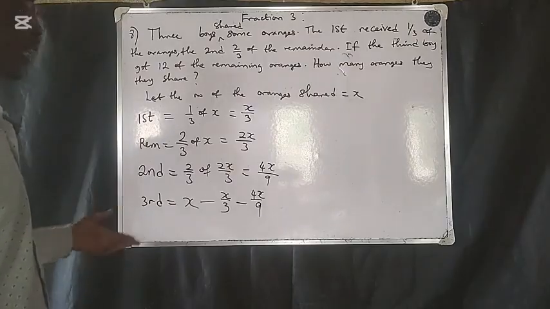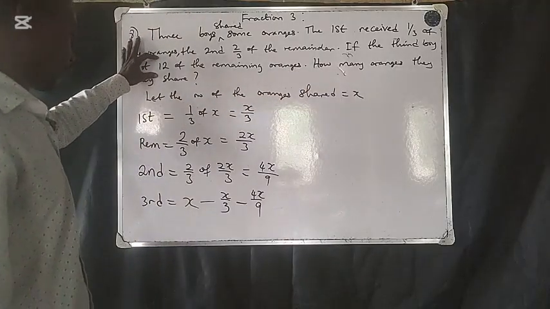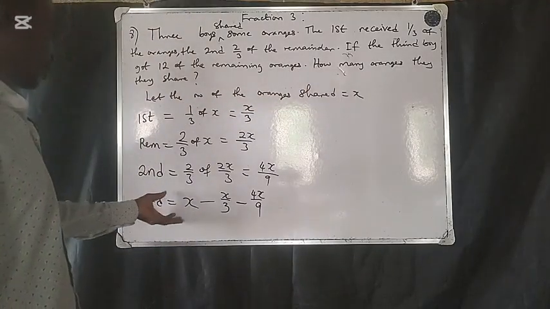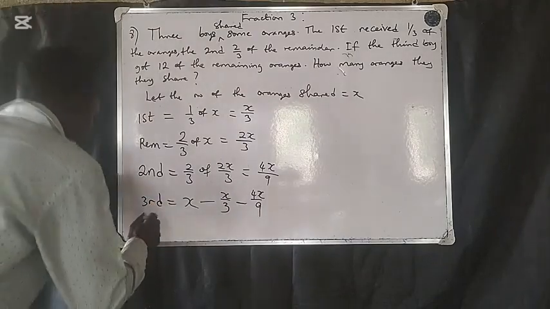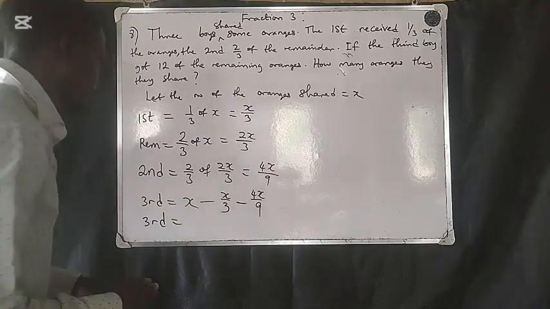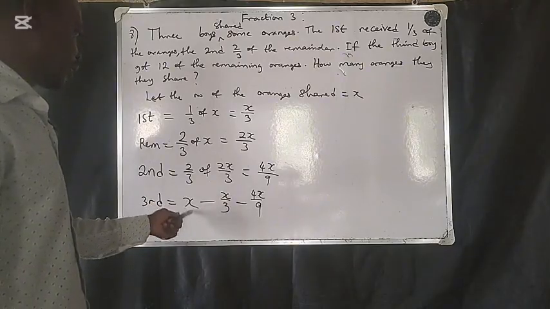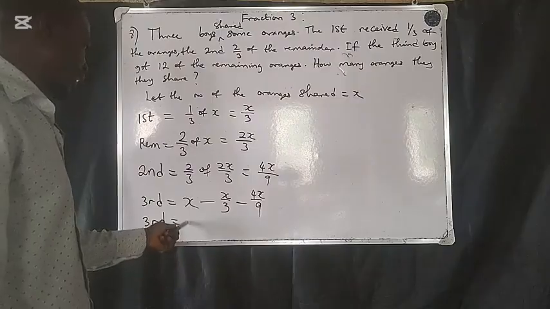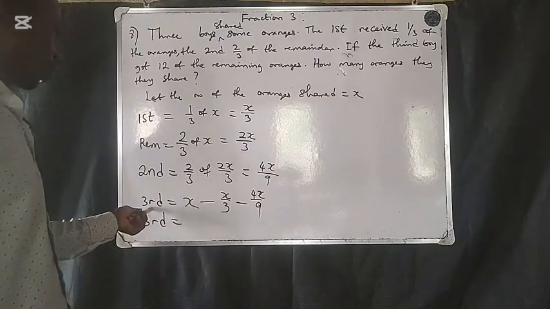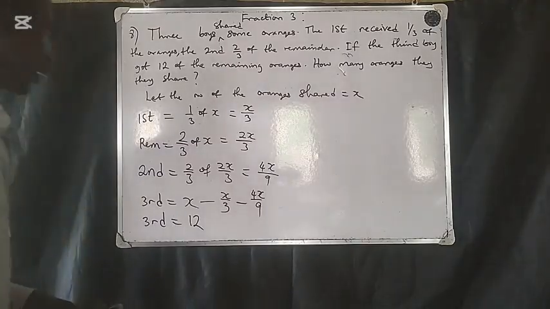But luckily for us, we are given a clue or a way out to solve this problem. The way out is that they have already given us the third boy's share, which is 12. Meaning, if we know our value of x and we impute the value here, that will land us in the third boy's share, which they have given us as 12.